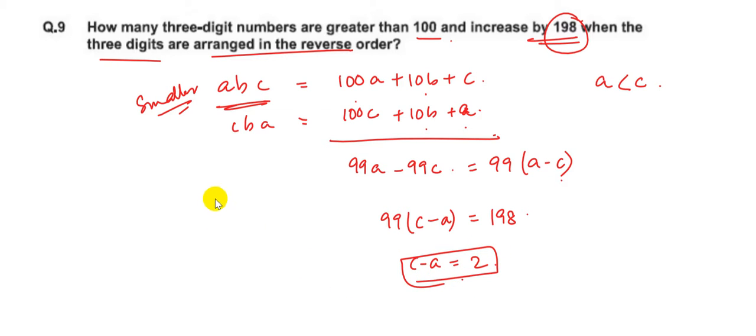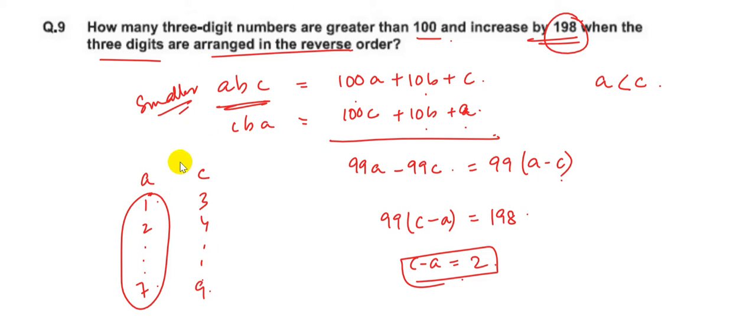C minus A is 2 means A can start from 1 and it can go up to 7, and the corresponding values of C will be 3, 4 up to 9. So there will be 7 numbers starting with 1, 2, up to 7 and ending with 3, 4 up to 9. Now the middle number B can take values from 0 to 9 for each of these values.